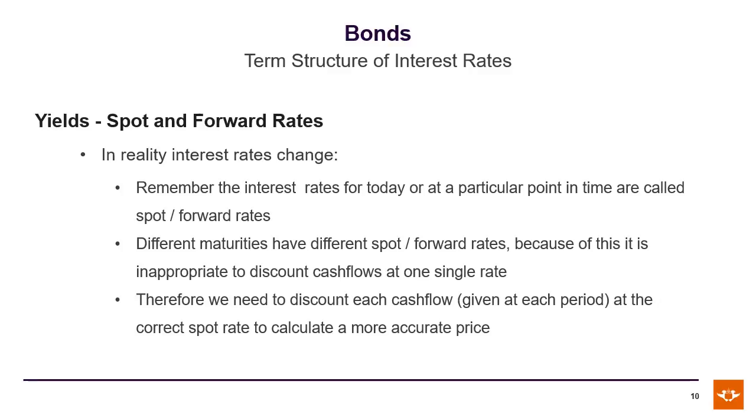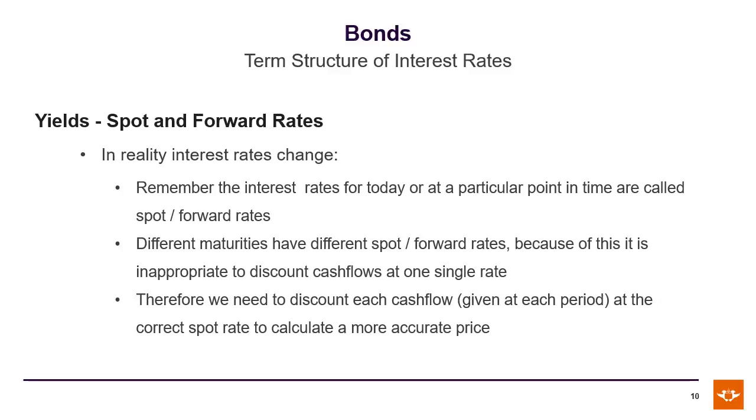And loans of different maturities have different interest rates. So it's inappropriate to discount all the cash flows we have at one single rate. And going forward, it becomes more appropriate to discount each cash flow given at a particular period at the correct spot rate. And this is done in order to calculate a more accurate price.